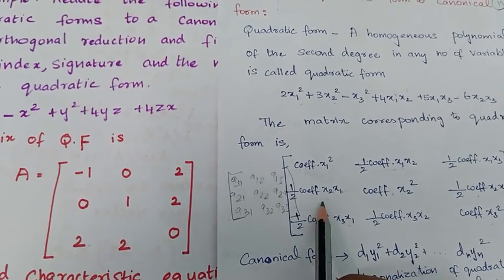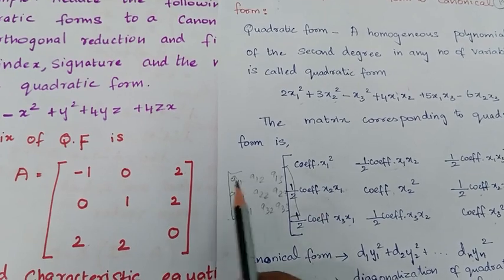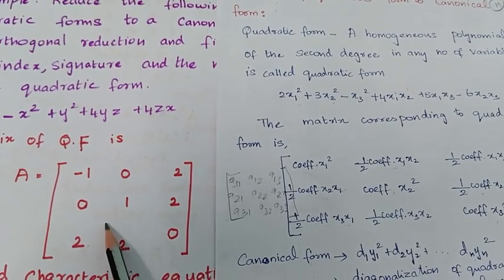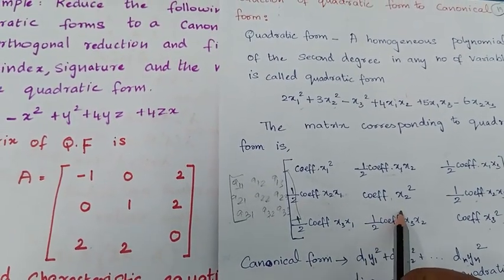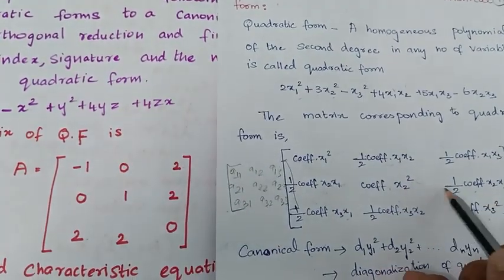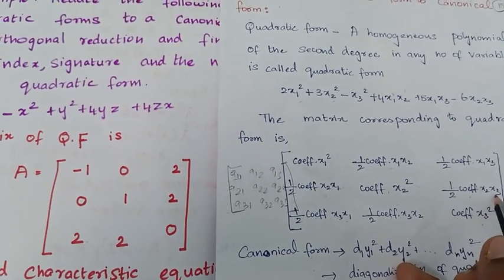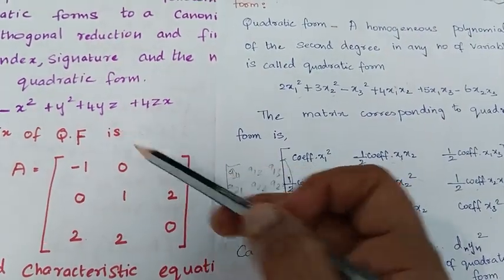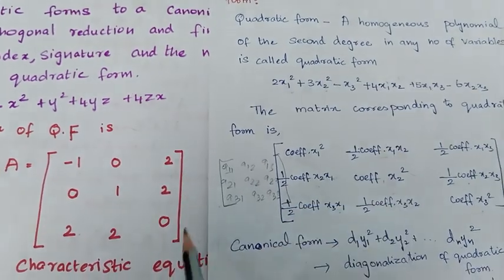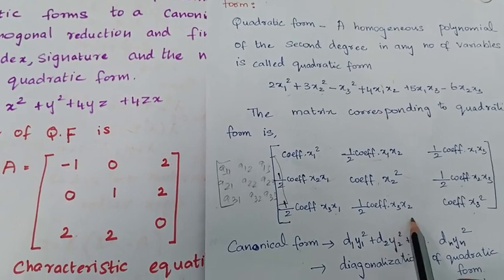Next x2 x1, that is y and x, which we don't have, so it is 0. Then the coefficient of x2 square, that is y square, is 1. Then half the coefficient of x2 x3, that is y and z. Here we have 4, so 4 by 2 is 2, and here also it will be 2 because it is x3 x2, that is zx.